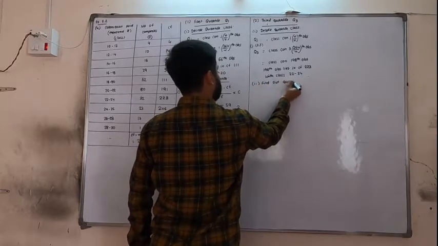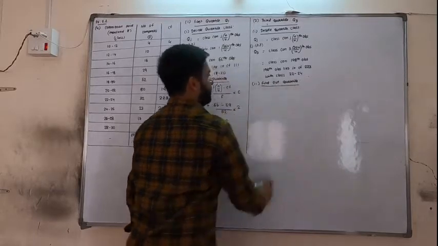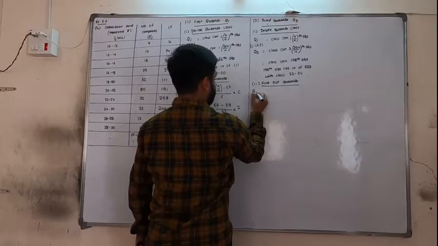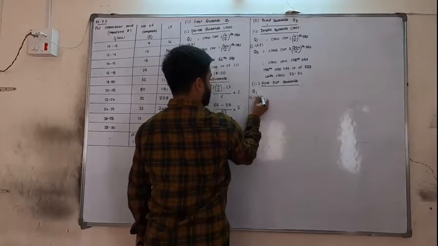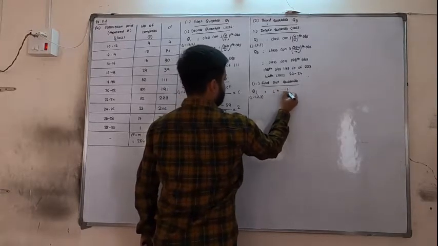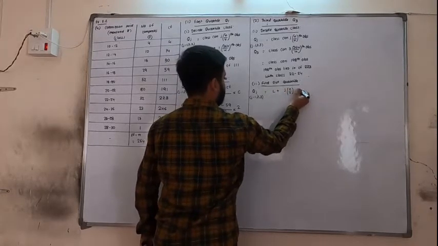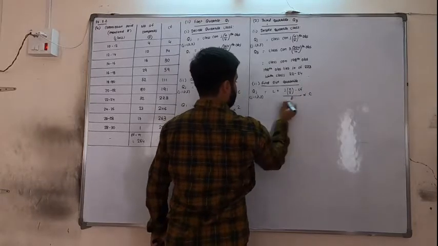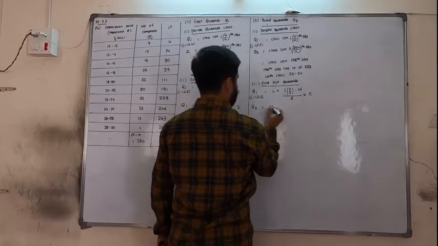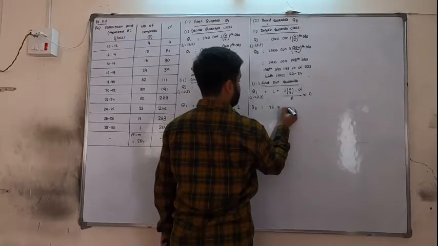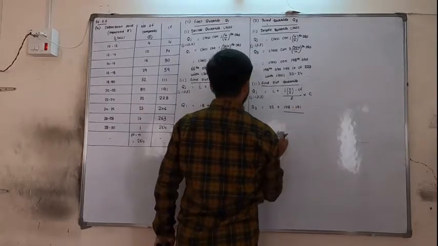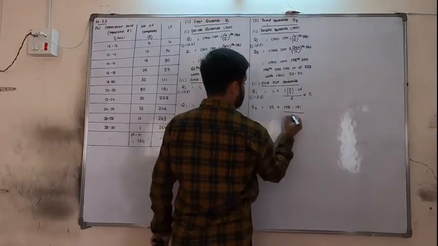Second step, find out the quartile. For that, Qj equals L plus (Jn by 4 minus CF) by F into C. We need Q3. L is 22, Jn by 4 is 198, previous cumulative frequency is 191, frequency is 32.